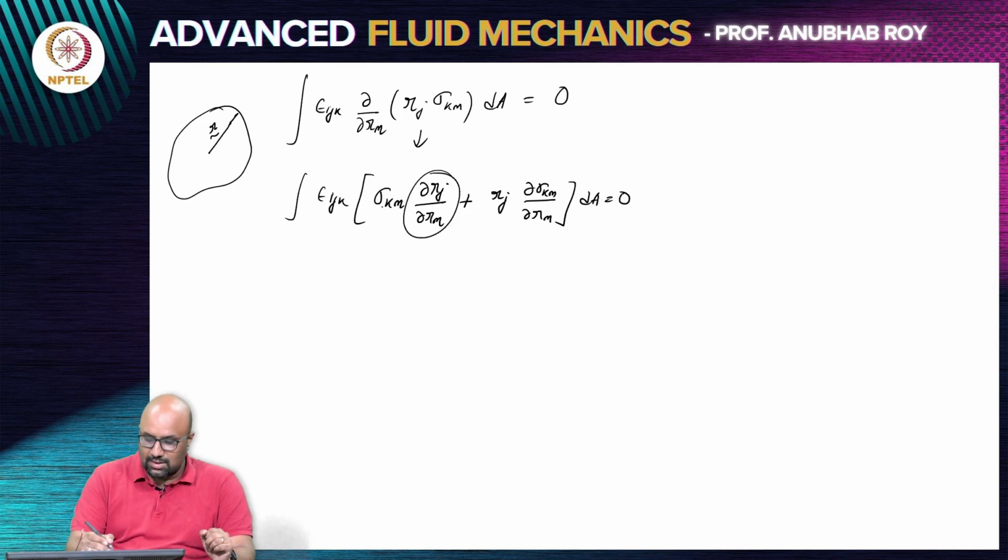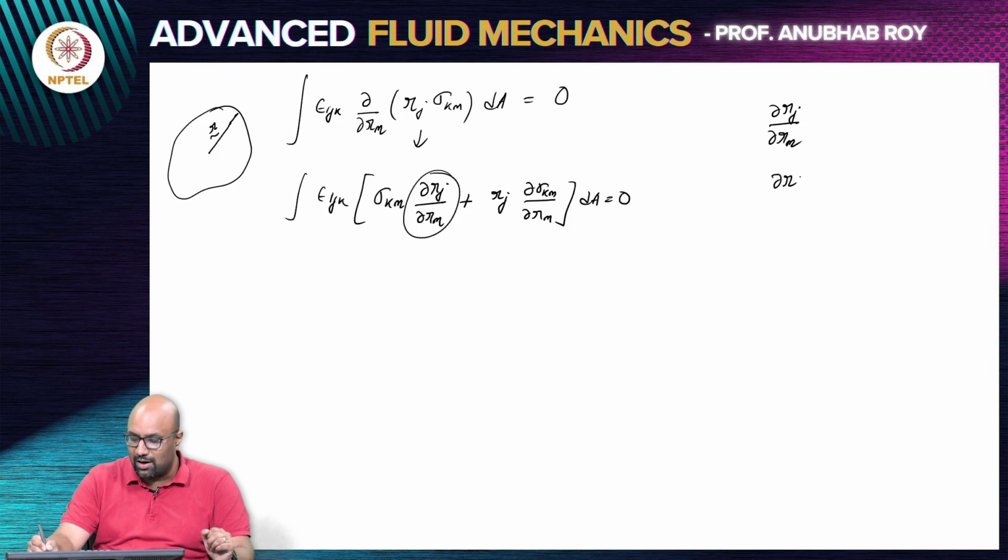Now what is dou rj dou rm? If you don't know, you can just put values of j and m and check. Dou r1 dou r1 is 1, dou r1 dou r2 is 0.